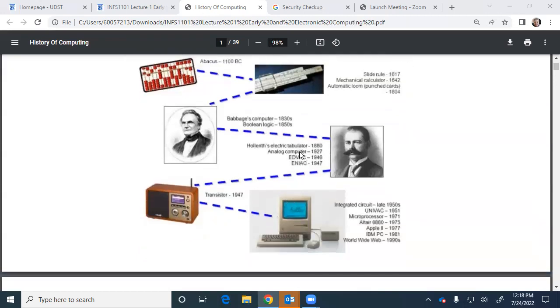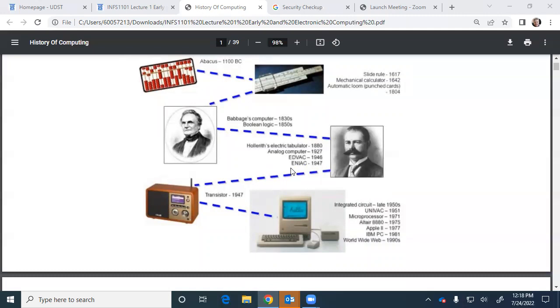Now in the 1900s, so you see here we've got these various computers that are mentioned, the ENIAC and the EDVAC. So that is after electricity was widespread. So it was a computer using electricity, but it wasn't using the electronics in the same way that we use them now.